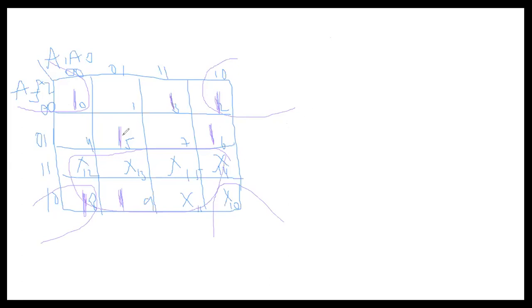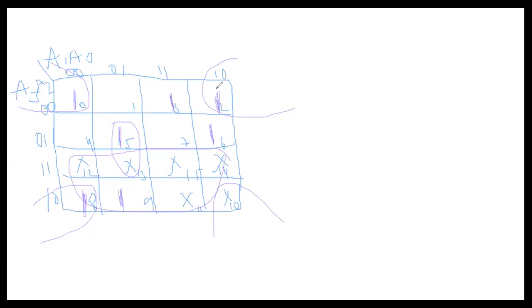Suppose you take the 5 here. The 5 has no 4-box combination because there is no 7 here. 5 with 13 you can take as a 2-box combination only. And the remaining here are 3 and 6.